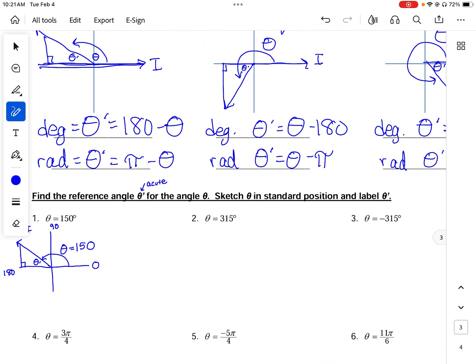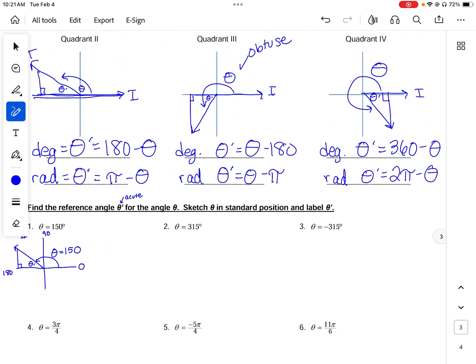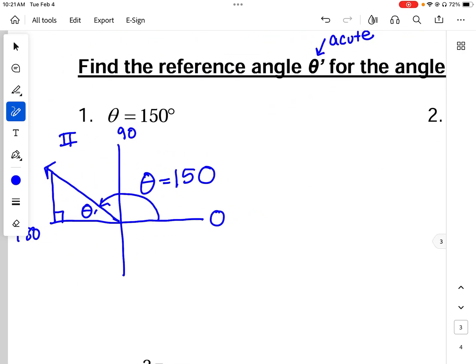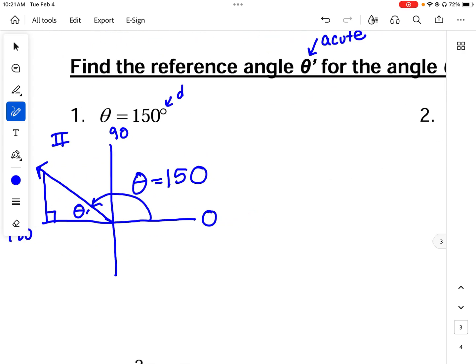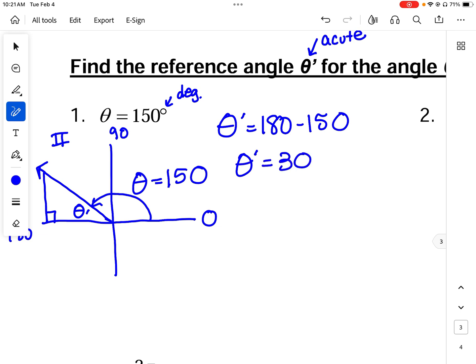So look right above in our rules. We are going to do 180 minus theta. To decide whether it's in degrees or radians, we look at what we're originally given. So this is degrees, so we are going to give our answer in degrees. So theta prime is found by doing 180 minus theta. So theta prime is 30 degrees.